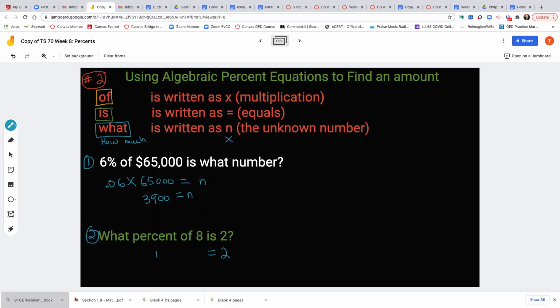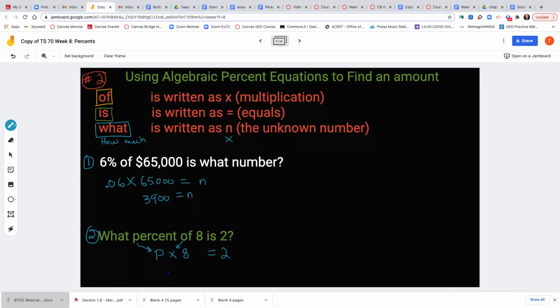So I'm going to call it P. "Of" means times, P times 8 equals 2. You see, I chose P because of this percent here. They want you to know what percent of 8 is 2. Do you see all those words there? "Of" is times. Here's my times word. "Is" is equal. They want to know what the percent is.